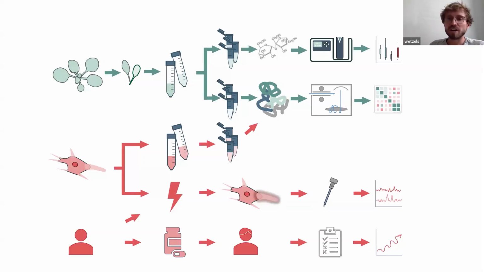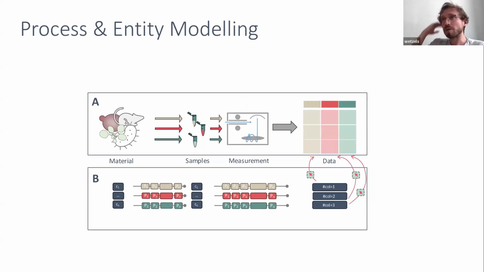We want a generic framework for all these laboratory processes, in an annotated way. So the idea is we have these two kinds of objects, entities or materials, and processes or actions between them. Both should be annotated with parameters, characteristics, whatsoever.